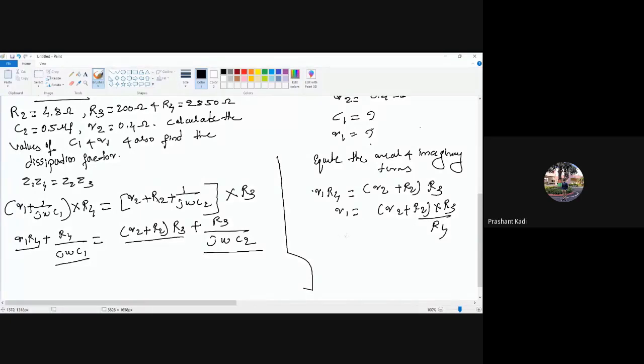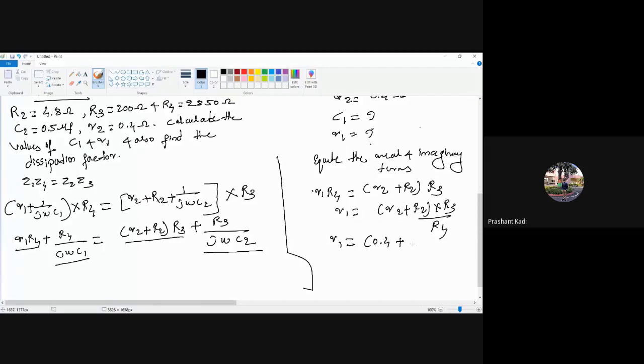We know all the values except R1. Small r2 value is given. How much is it? 0.4 ohm. 0.4 plus capital R2 is given. What is capital R2?